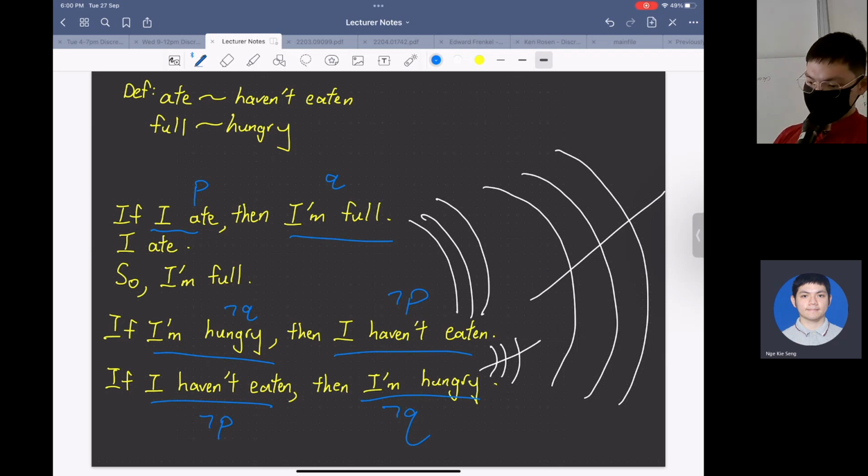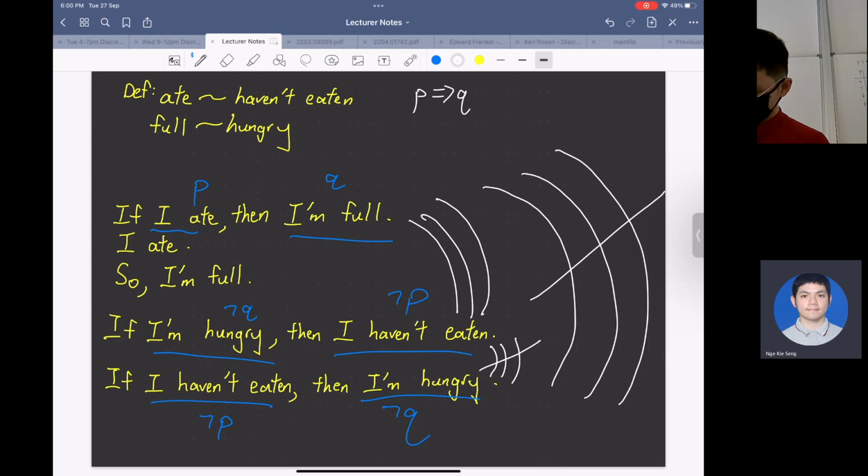So this must always be remembered. I write down clearly here: this is logically equivalent to not Q implies not P, and not logically equivalent to not P implies not Q. What's this called again?